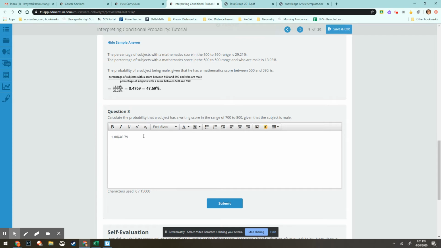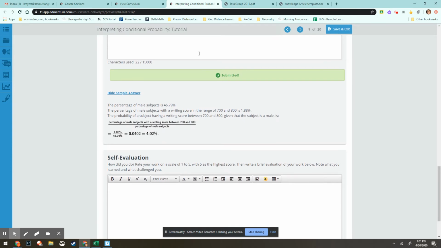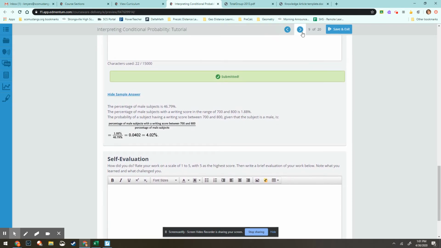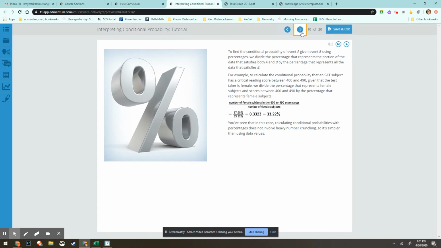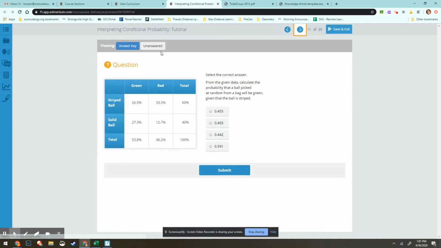So that's what you would divide. And when you do that, you get 0.0402, which is 4.02%. And we can double check here that that is correct. Okay, so it's just saying, like, hey, if the data is in percentages, you can still basically do the same thing. And that's what this slide is saying here as well.